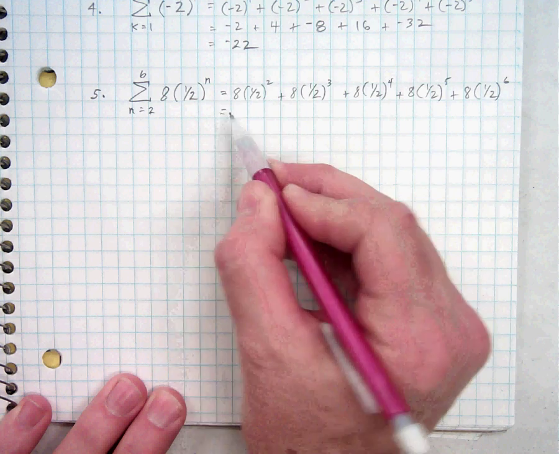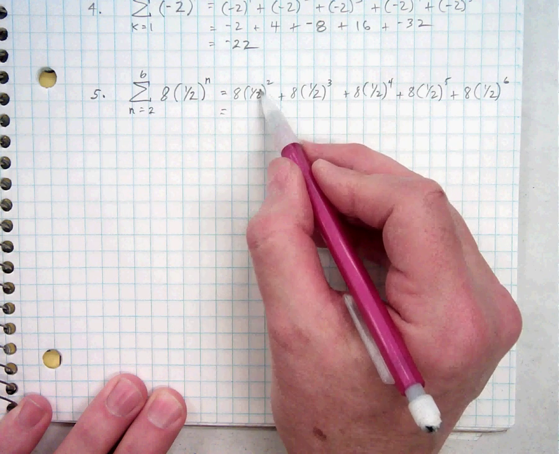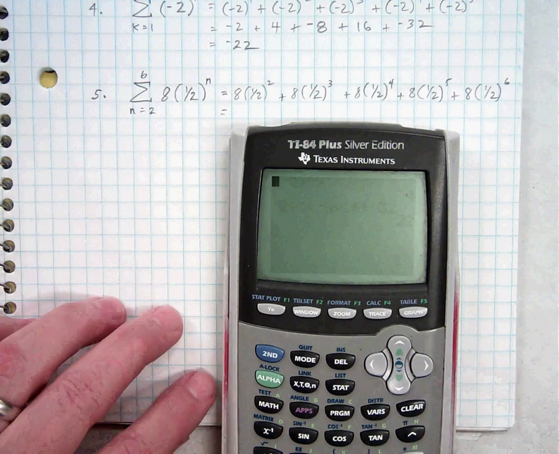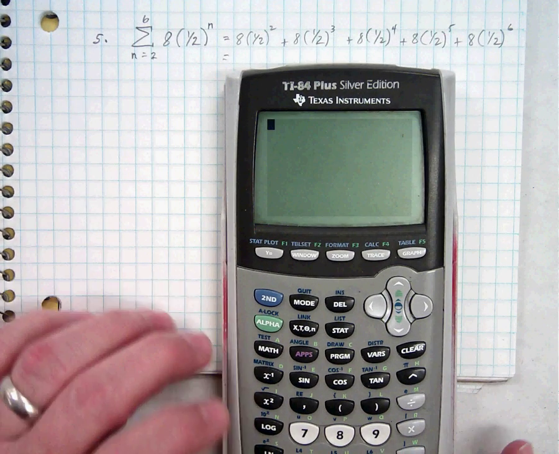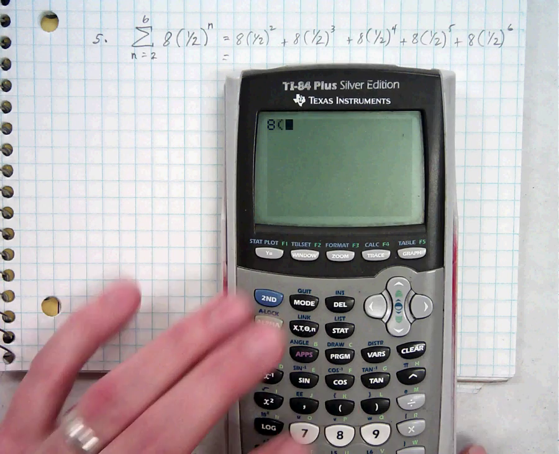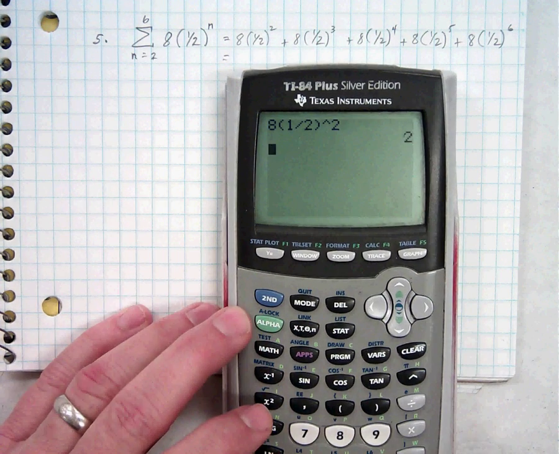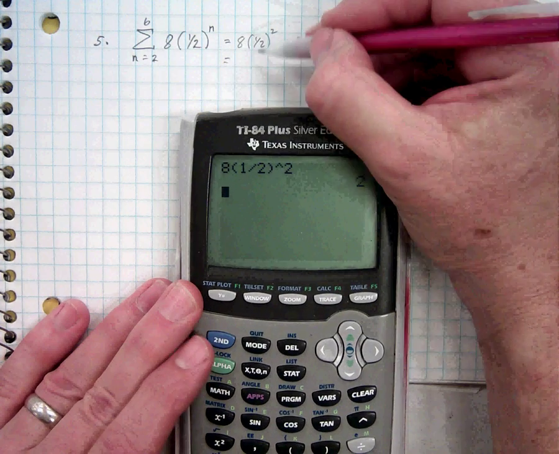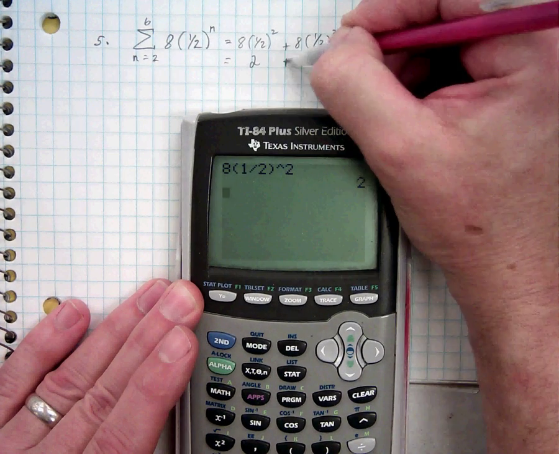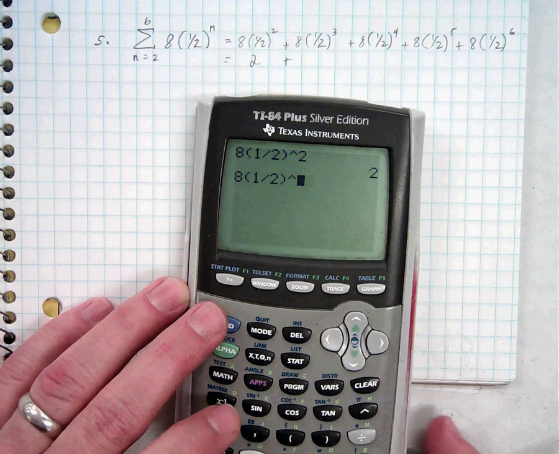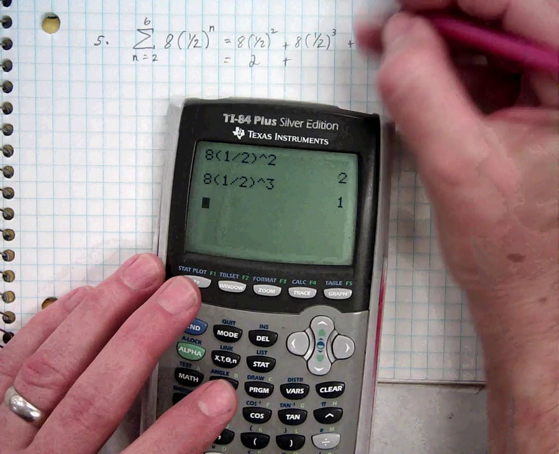Well, 1/2 squared is just 1/4, right? If you want, we can just put it in like this. 8 times 1/2 raised to the 2 is 2. So this one's 2. And then I'll just raise that to the 3. And I get 1. So the next one's 1.